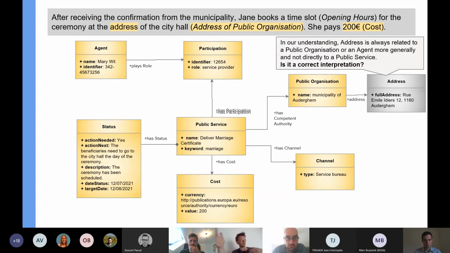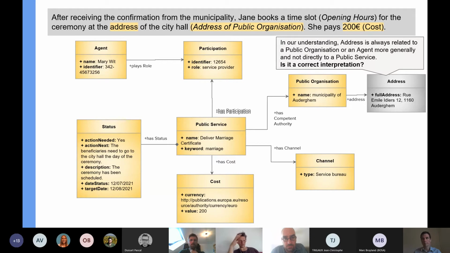I'm not sure if this is going too far, or isn't it easier to have some indicator somewhere on the has competent authority / address relation to say this is the address denoting this public service.